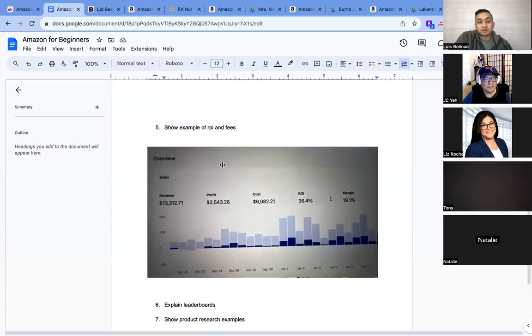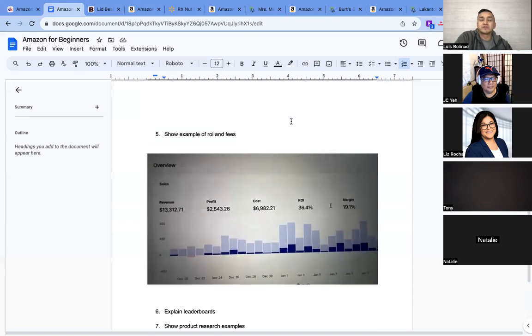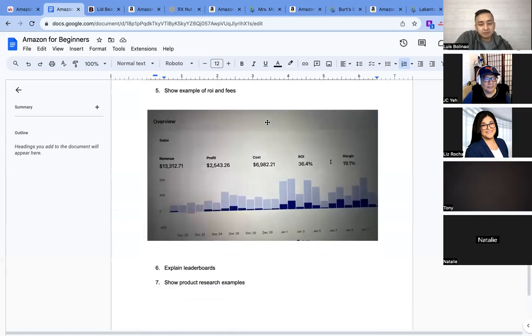So there's another question in the group. I think this is for, I forgot his name, but he was really asking for numbers, right? So I tell people, typically people make about 20-30% ROI after all the fees. Fees meaning Amazon fees, prep fees, if you have a VA, software cost.